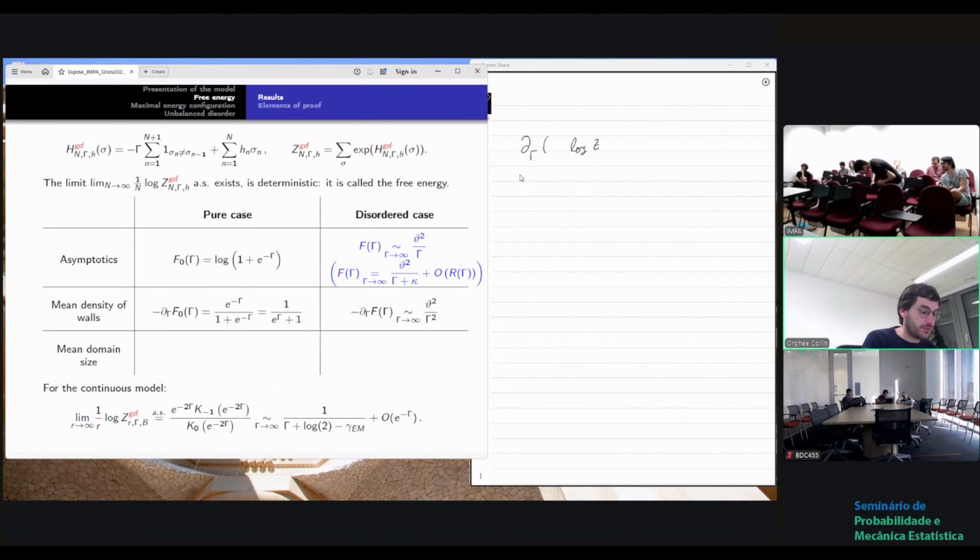If I differentiate the free energy with respect to gamma, I divide the derivative of the logarithm of the partition function, so in the denominator I get the partition function itself, and in the numerator the differential of the partition function, which gives exactly this times what's in front of the parameter gamma.